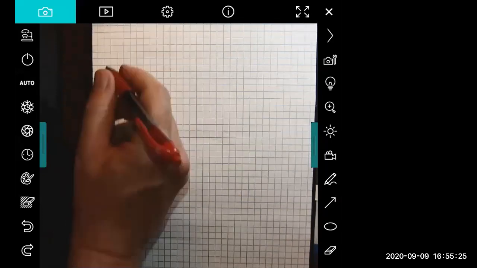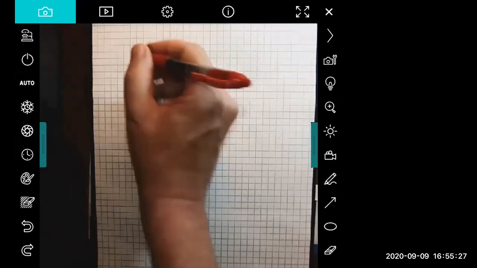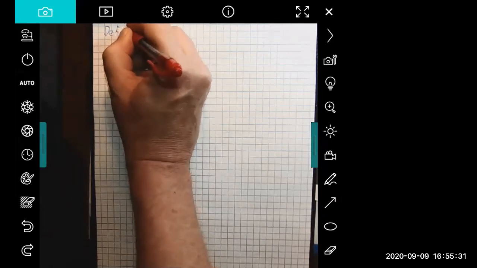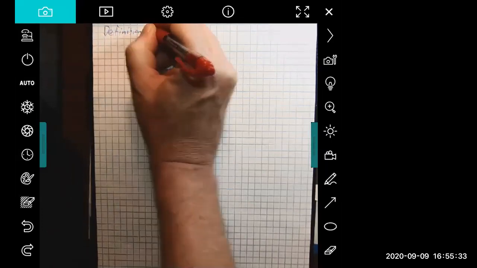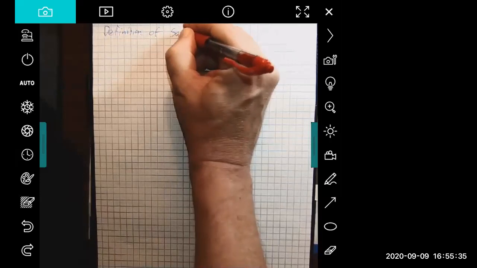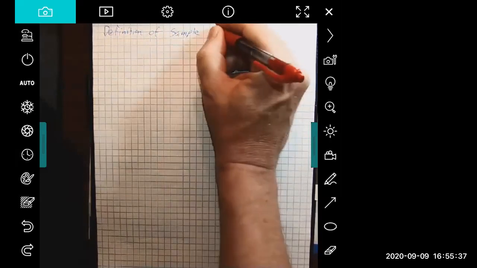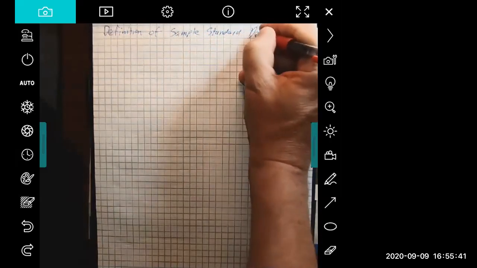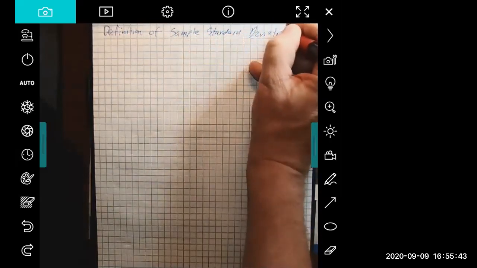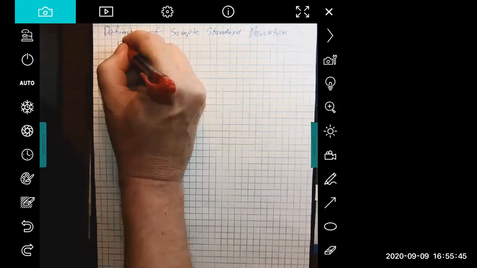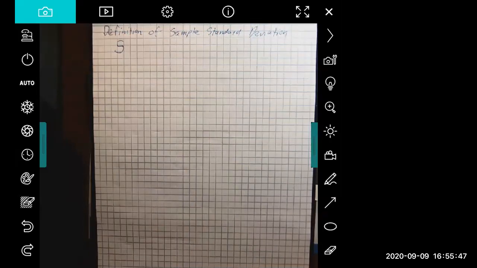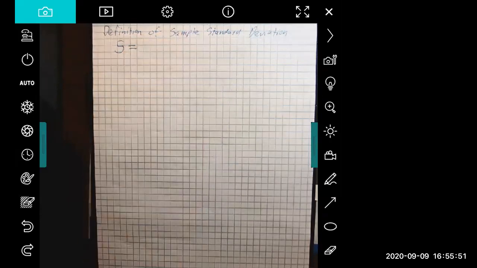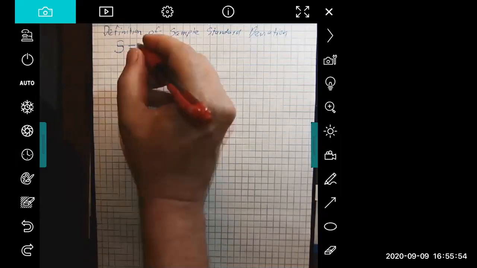And then for the sample standard deviation, we had a definition for that, and we're using the letter s for the sample standard deviation.